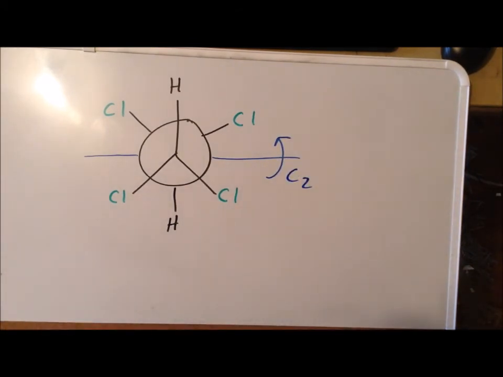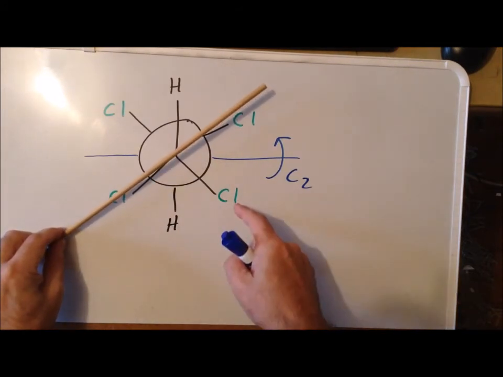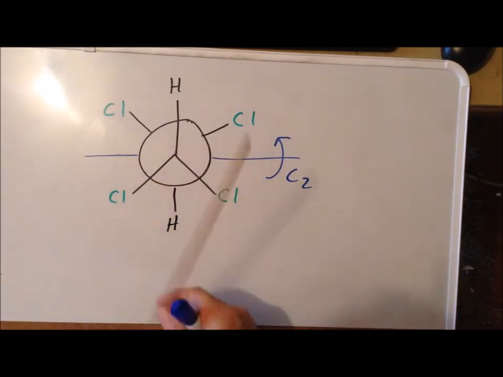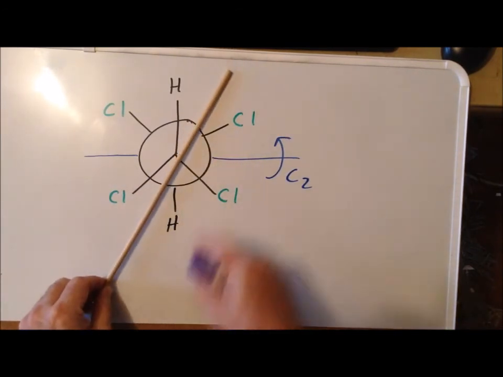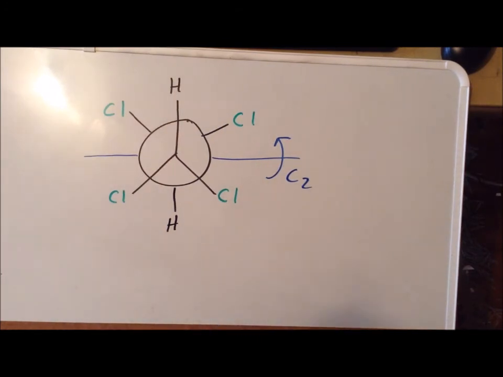Do we have any other C2s that we can find? Well, if we look along here, it would take chlorine into hydrogen, for example. We might try along here, but then it would take chlorine to hydrogen, so we don't have any other C2s. We just have one C2, so our C2 is going to be our high-order rotation axis.